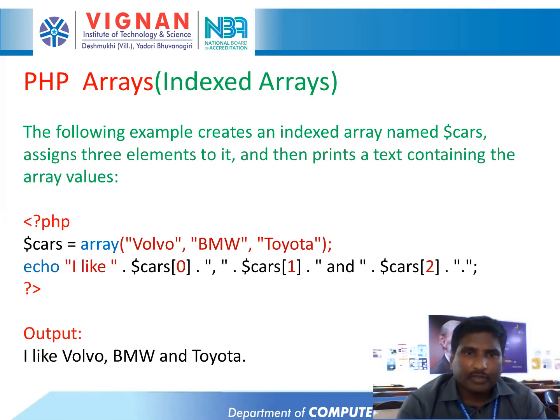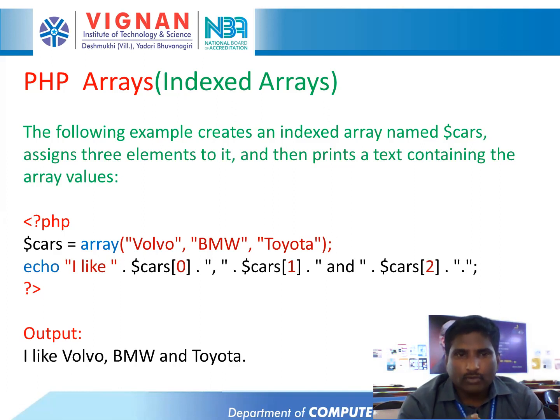So we have written the snippet code for that. Here we have written the same code in PHP. $cars equals array, passing three arguments, and echo "I like". This simply outputs to the console. Echo I like $cars at index 0. We are calling index 0 by using the index.